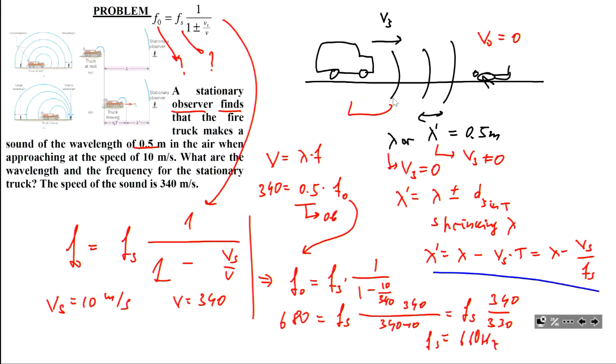It's too complicated. We can write an equation again, which relates speed, wavelength, and frequency. But now we can add those variables, stationary, and now we can write numbers: 340. That will be the wavelength we are looking for. This will be the frequency of the sound for the stationary case.